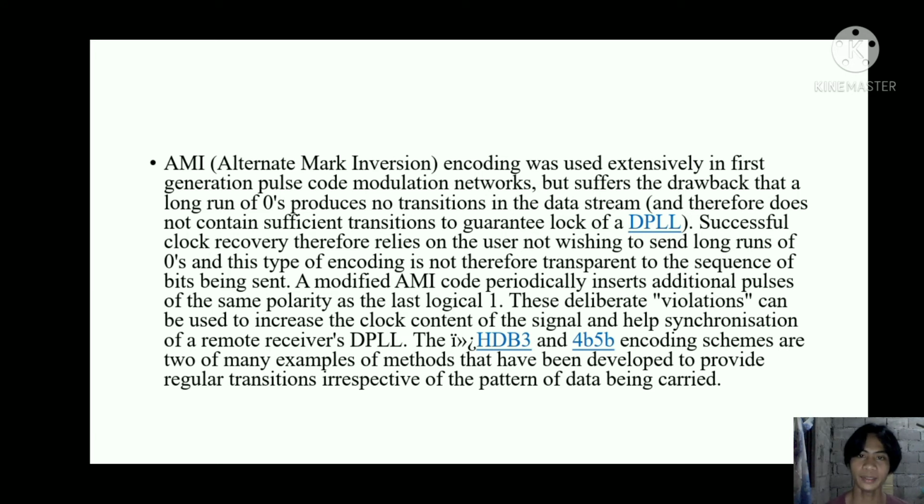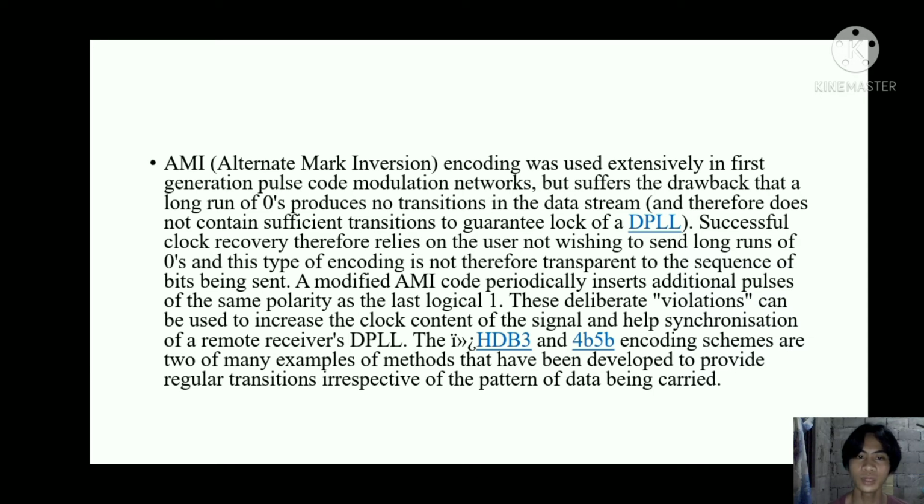AMI coding was used extensively in first-generation pulse code modulation networks, but suffers the drawback that a long run of zeros produces no transition in the data stream, and therefore does not contain sufficient transitions to guarantee lock of the DPLL.